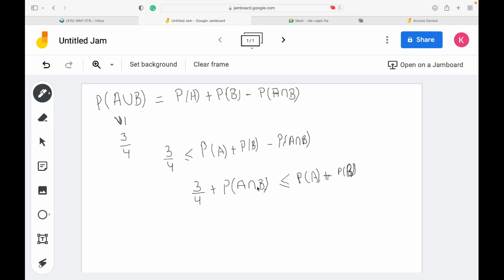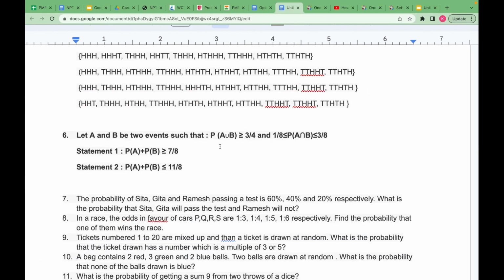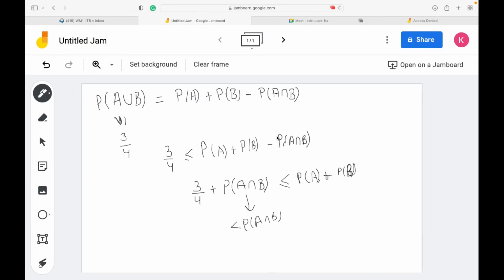Now we have given that this ranges within 1 by 8 to 3 by 8.